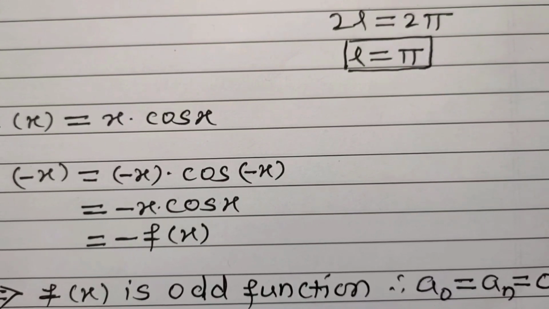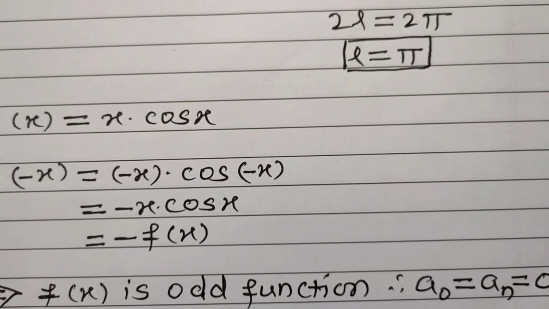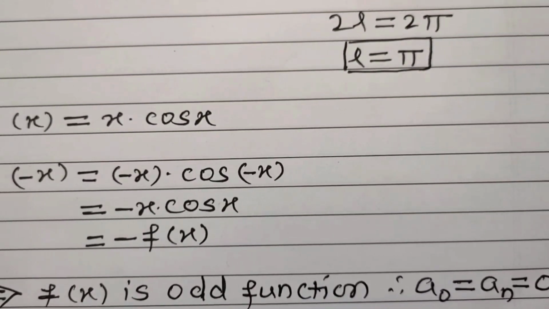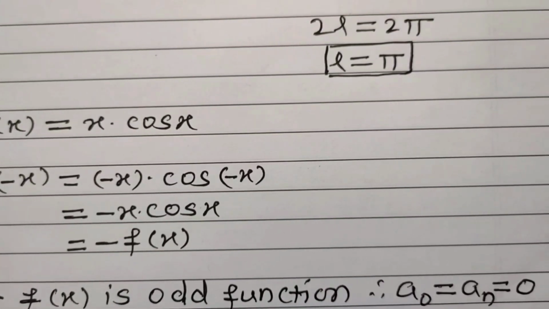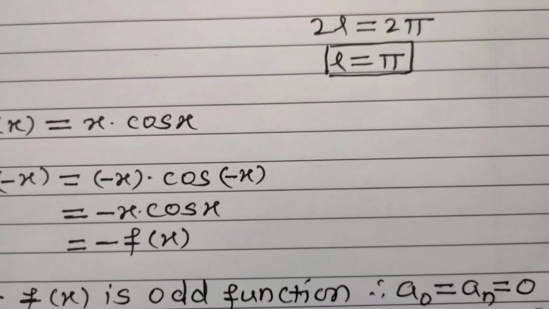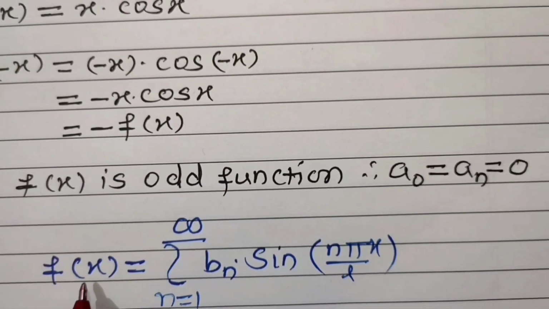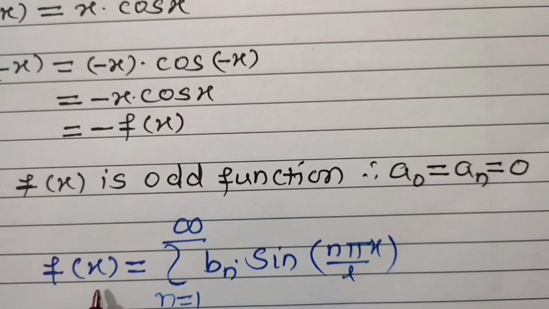And you know, if the given function is an odd function, then in that case the first two Fourier coefficients, a0 and an, both will be 0. And in this case we have to find out only one Fourier coefficient, which is bn. This is the formula for Fourier series expansion of f of x, considering a0 and an equal to 0.